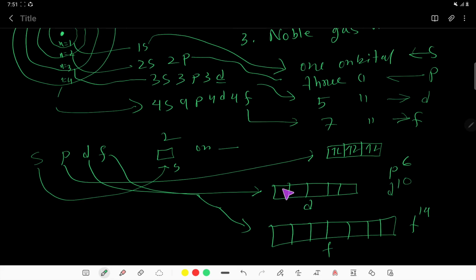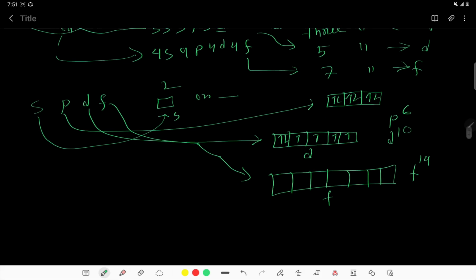If you have 6 electrons, at first you place 1 electron in each orbital. Then if you have more, you can pair them.